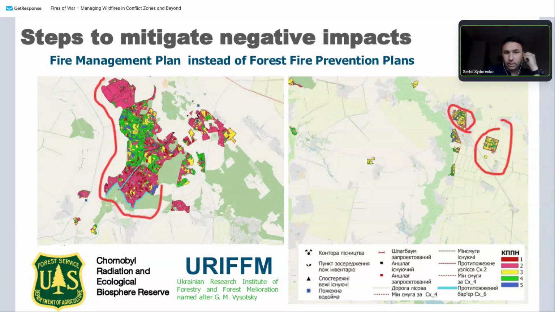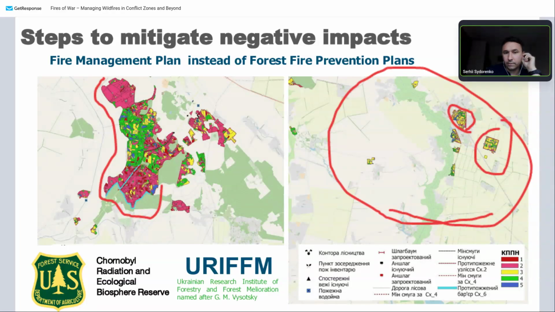So now we are starting to change this paradigm and trying to move from forest fire prevention plans to fire management plans that will be focused on the whole landscape, with involvement of local communities and other stakeholders, and we believe that it will improve fire planning a lot and make it more rational, for sure.